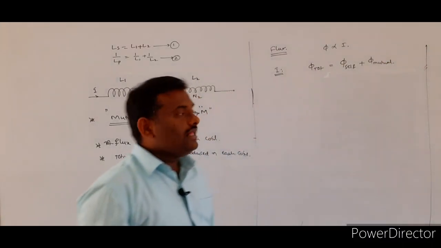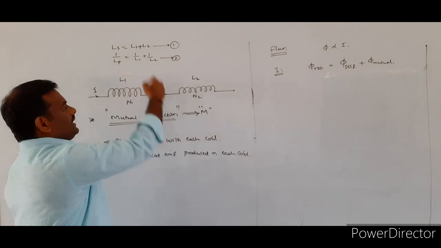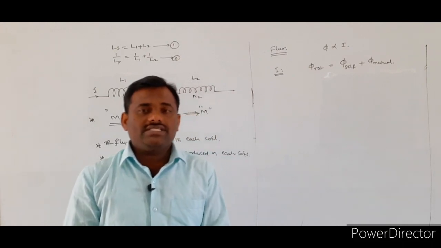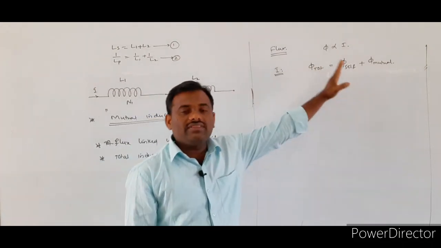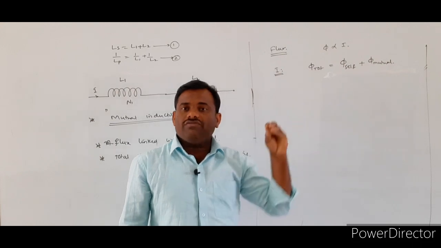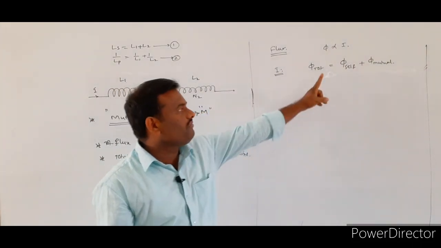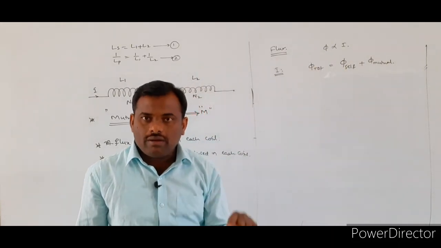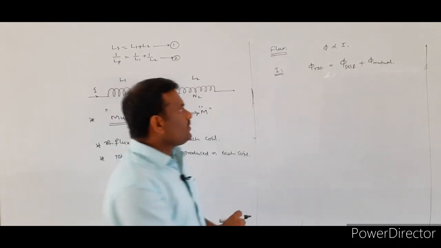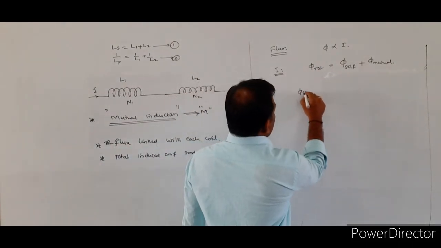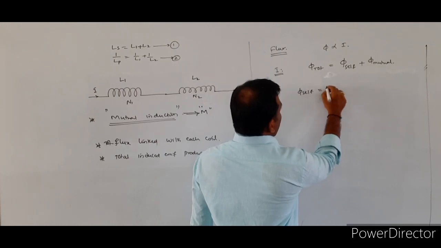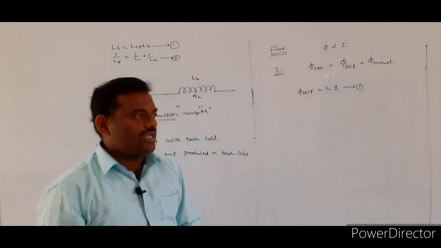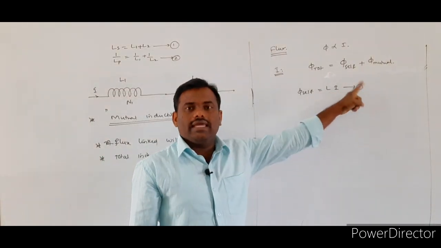Once again, the total flux linked with the given coil exists in two different ways. Some of the flux is created due to the phenomenon of self-induction, and some more flux is produced due to the phenomenon of mutual induction. So the flux due to self-induction, generally we write the formula, is equal to L into I.